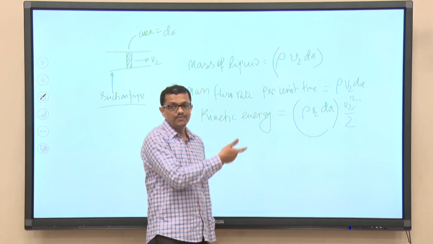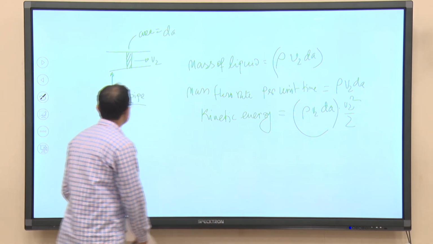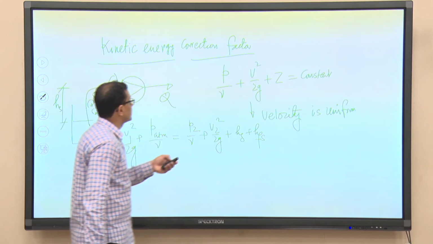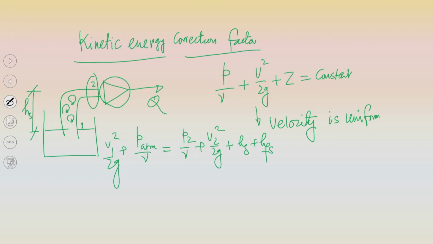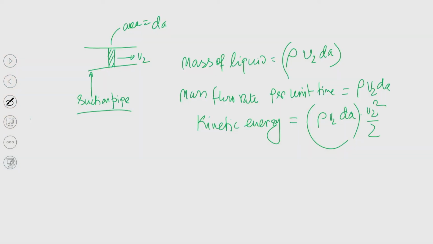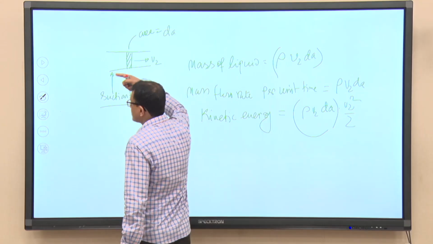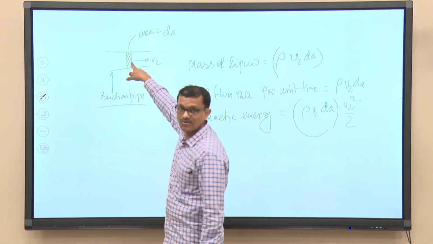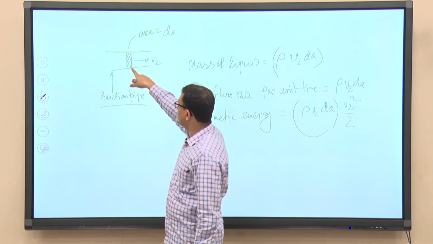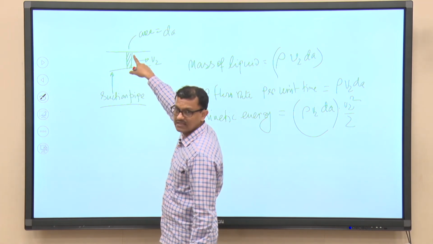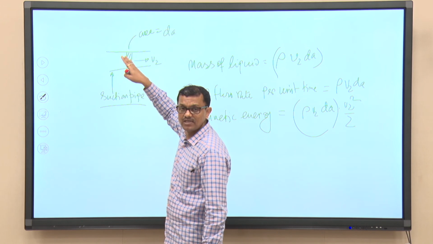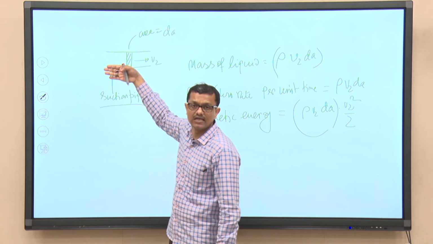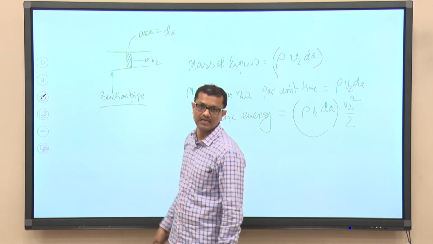But the equation we wrote in the last slide, to calculate the driving pressure difference, requires that velocity must be uniform, and that is not the case. So, to ensure this, we need to consider different portions of this cross-sectional area, calculate the velocity of each portion, then calculate the kinetic energy and finally integrate them.